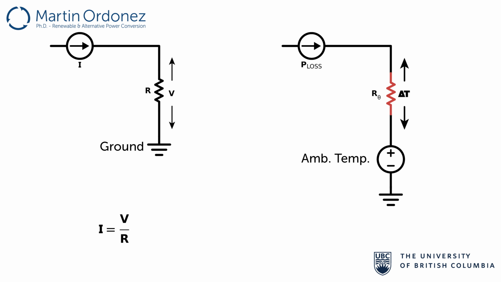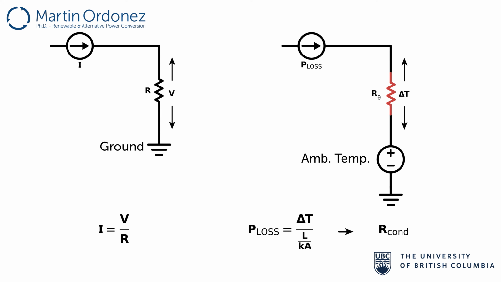So, if the temperature in the thermal circuit is compared to the voltage in the electrical circuit, and the power losses in the thermal circuit are compared to the current in the electrical circuit, then a similar relationship to Ohm's law can be determined.